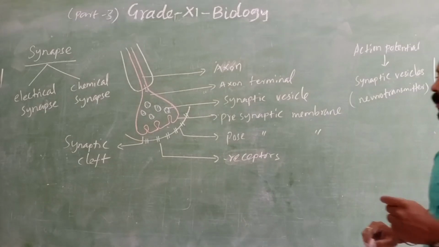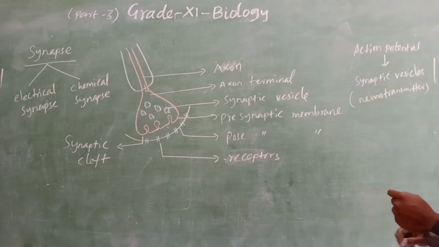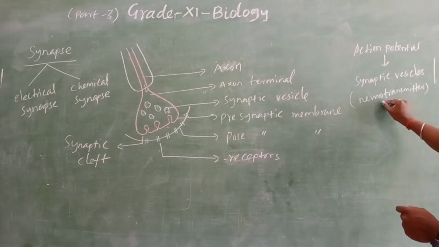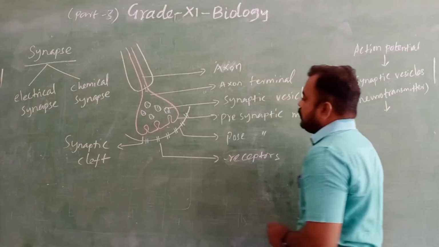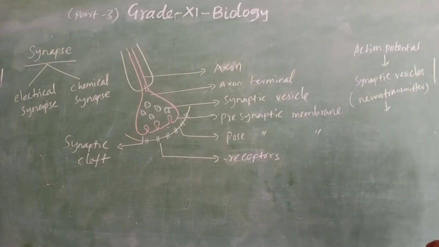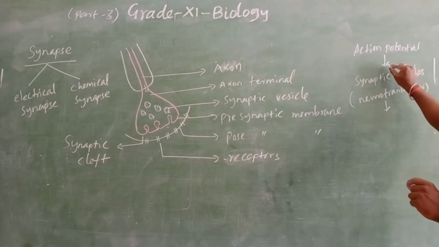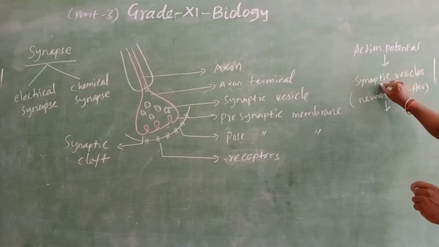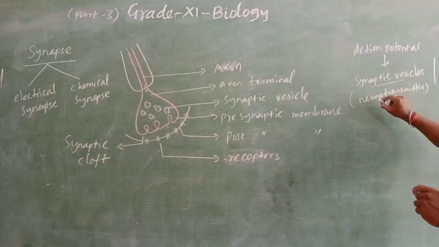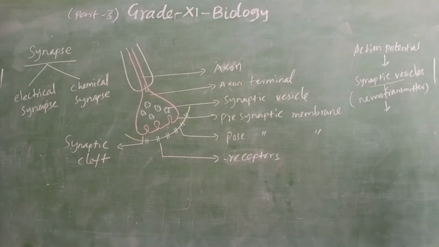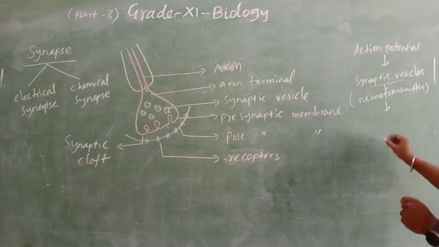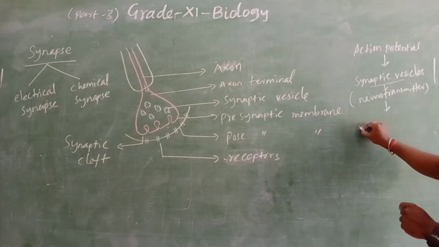Okay. The next one, the neurotransmitters are released at the presynaptic membrane. So first, the action potential acts on the synaptic vesicles. Then it stimulates the neurotransmitter. Then the neurotransmitter is released into the synaptic cleft.